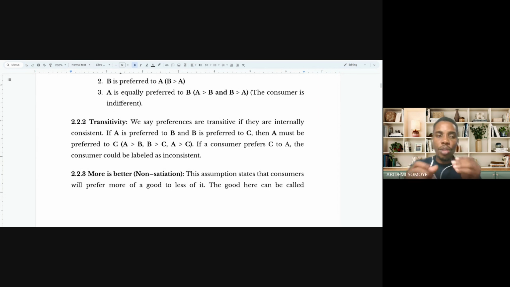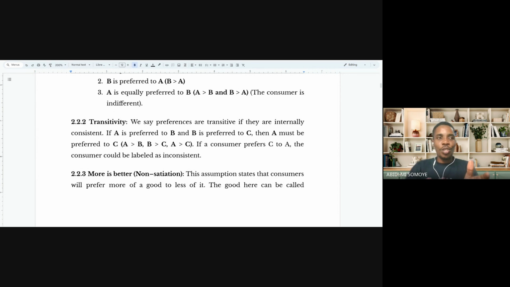Okay, so the thing about consumers, all things being equal, ceteris paribus, is that we human beings tend to be rational, or there are extreme cases, all right, but in our behavior, we tend to be consistent in the kind of things that we like.